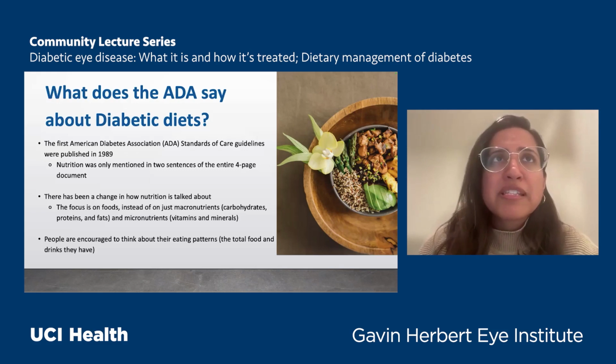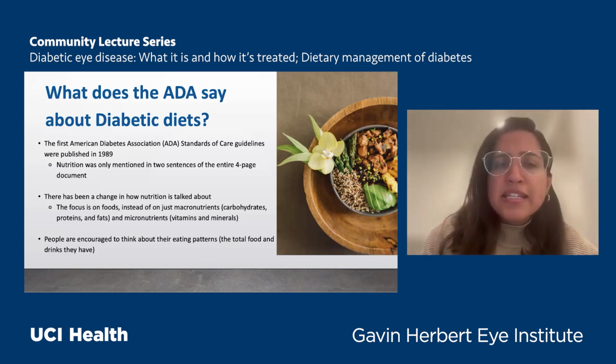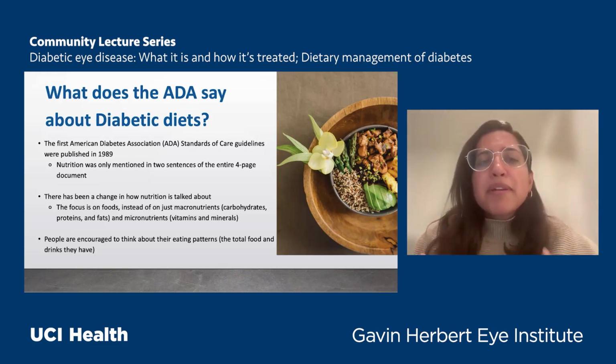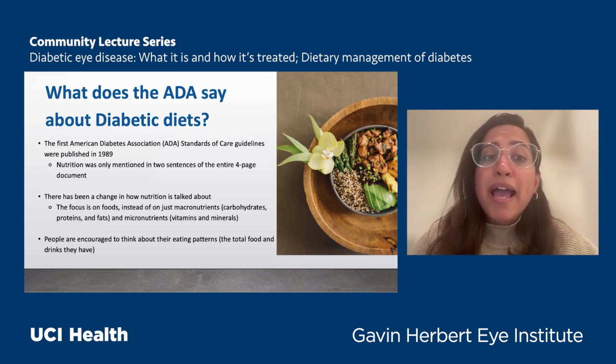Previously, just a few years ago, we had to focus on how many carbs to eat, fats, proteins, and micronutrients. But now we're trying to talk more about eating patterns because in the end, people eat food, they don't eat nutrients, and you want to consider the totality of the food and the drinks that they're consuming.